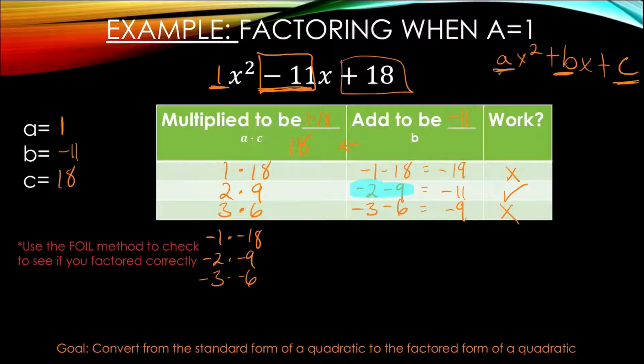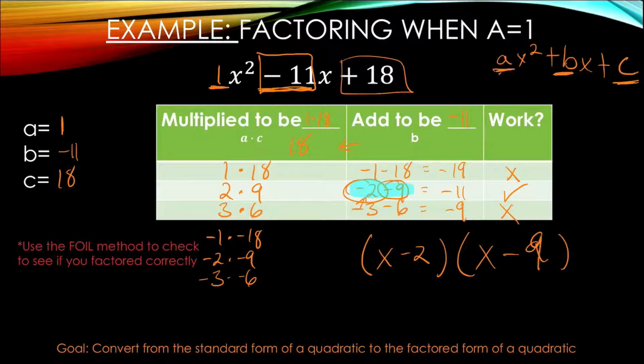So when I factor this now, I'm going to say x and then x, and what I'm going to include is minus 2, and I got that from up here, and minus 9. And I got that from up there. My little note here is to use the FOIL method to check to see if you factored correctly.